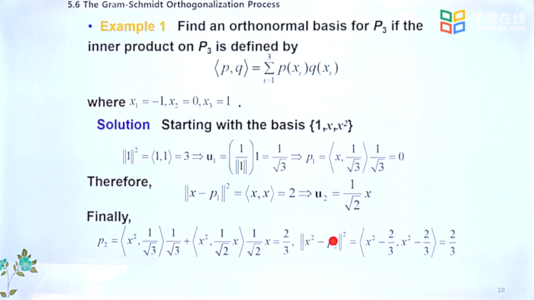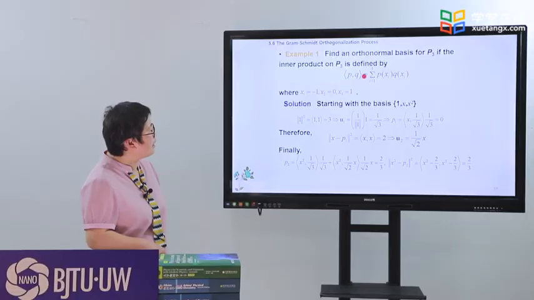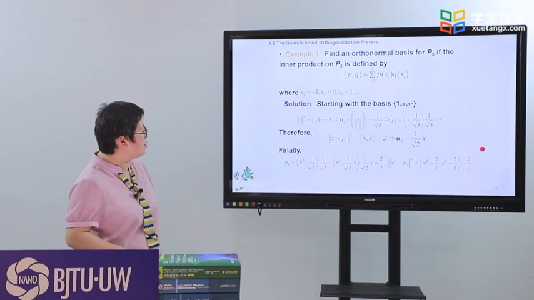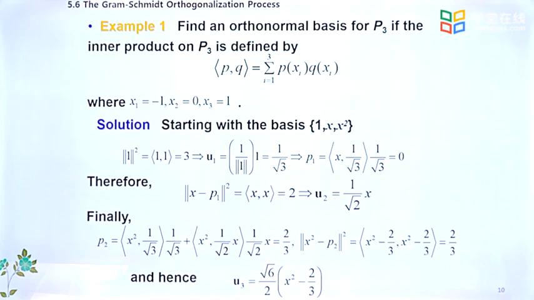Then x2 minus P2 is a vector which is orthogonal to the span of u1 and u2. Its length power 2 equals this inner product, and substituting this inner product formula, we get 2 over 3. So u3 is x power 2 minus P2, which is 2 over 3, divided by its length, the square root of 2 over 3.